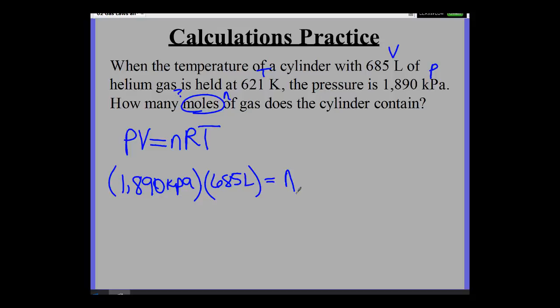The thing that's different is the pressure. So you have to look at your pressure. Your pressure is in kPa, so we're going to pick the one that has kPa and use that number. And then T, temperature still has to be in Kelvin. Luckily it already is, so you can just plug 621 right in.